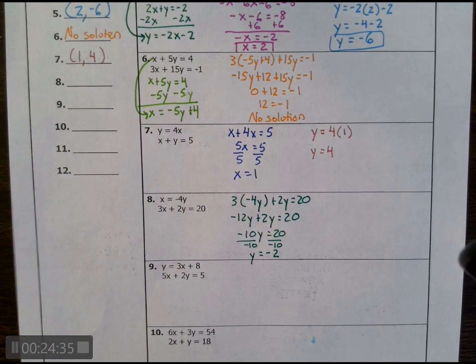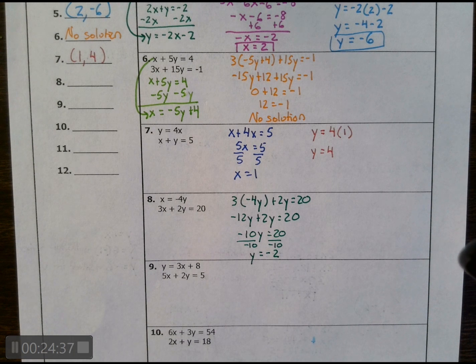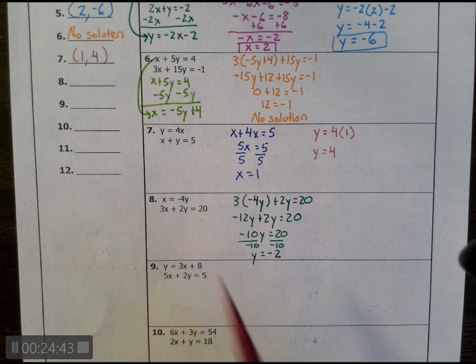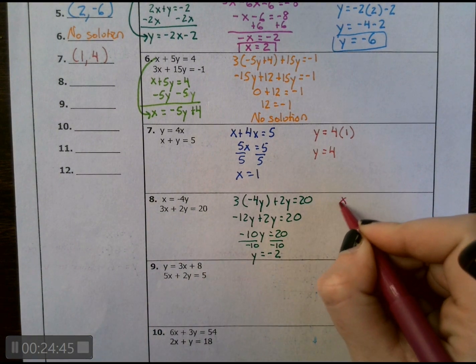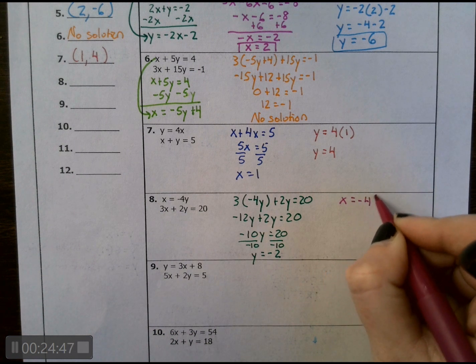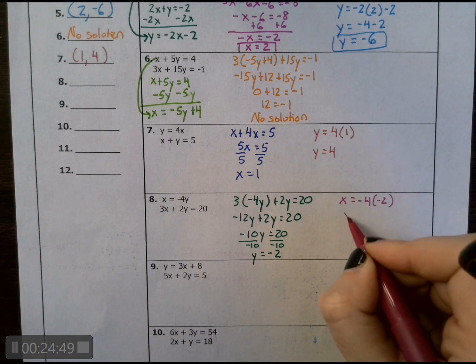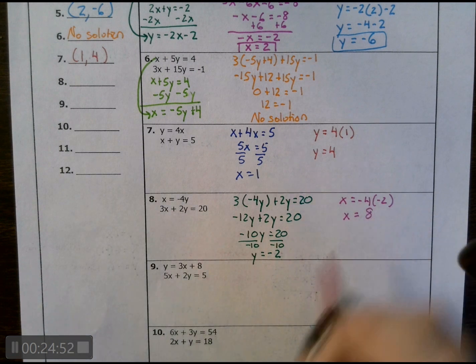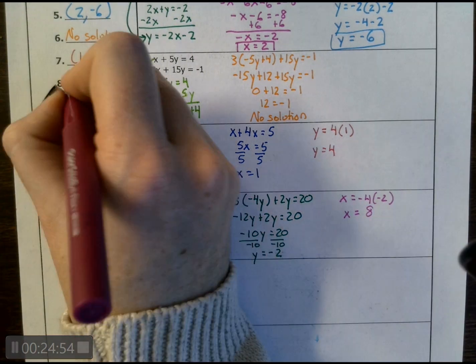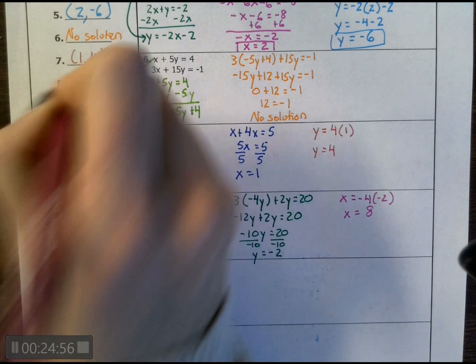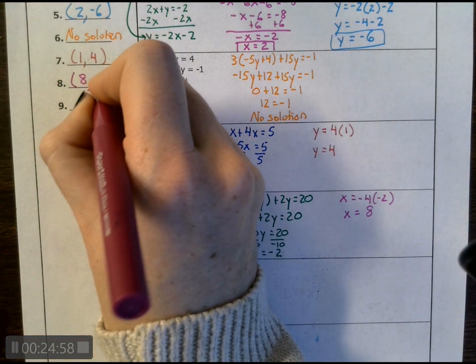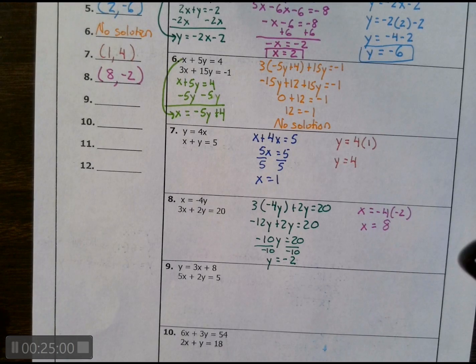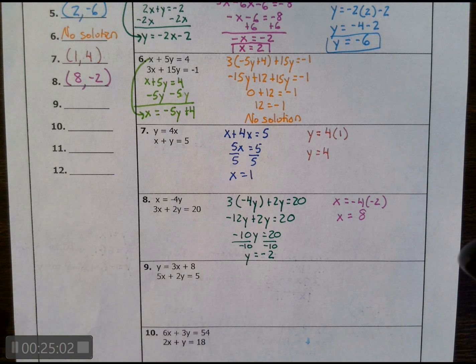So y equals -2. So now we're going to substitute this -2 into our first equation. So x equals -4 times -2. So x equals +8. So over here, our solution is 8, -2.